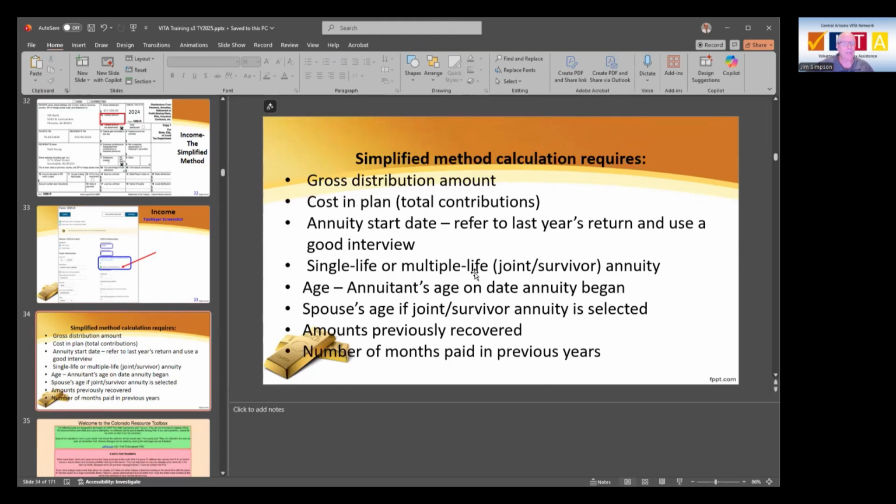So here's the information that you need, especially at least within TaxSlayer, right? You need the gross distribution amount, the cost in the plan. Now, what that means is what your contributions were, after tax contributions, okay? When did the annuity start?